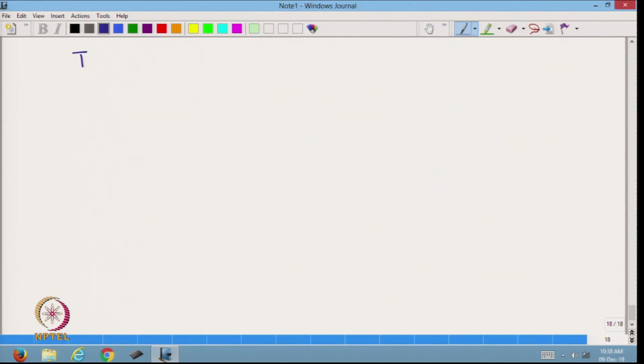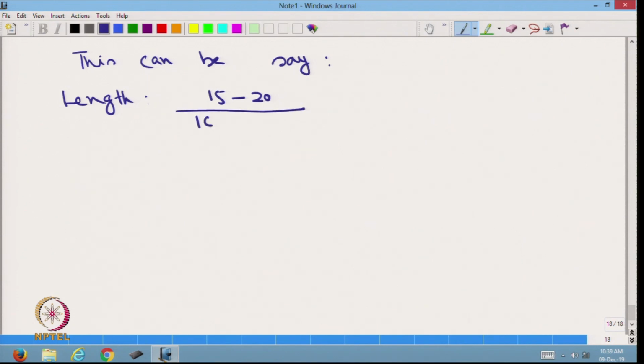This can be, say, length. For example, 15 to 20 degree upon 10 to 25 degree.